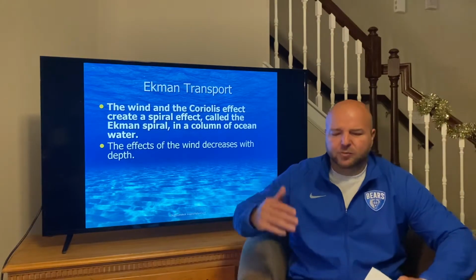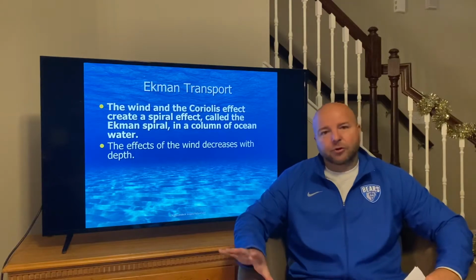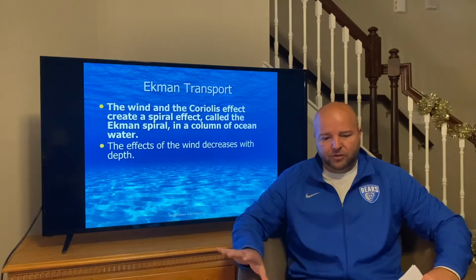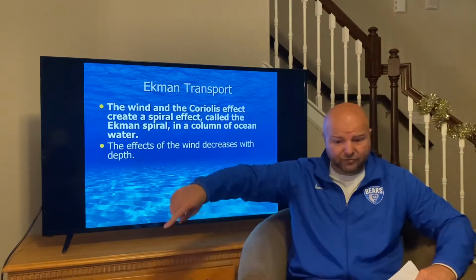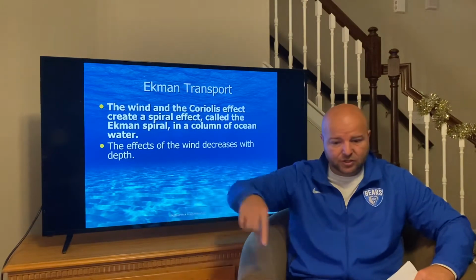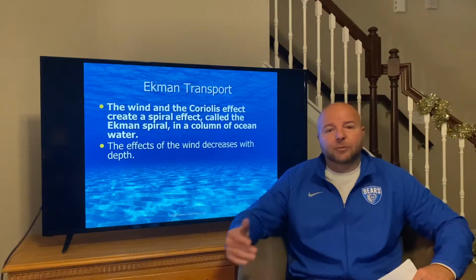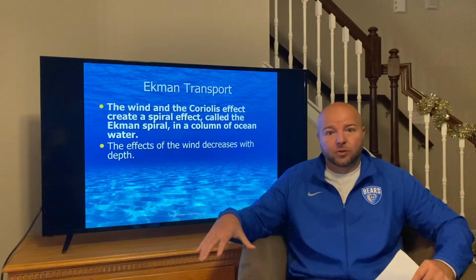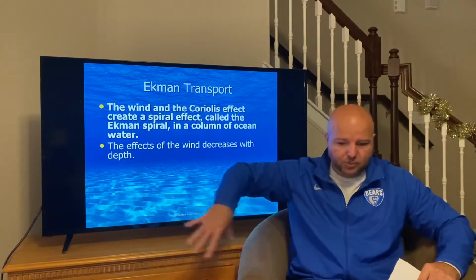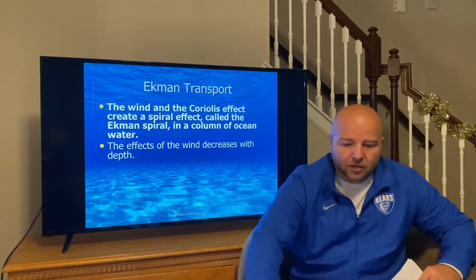So for Ekman transport, we learned about Coriolis effect already. So the wind and the Coriolis effect create a sort of spiral effect in our oceans that's referred to as the Ekman spiral. It creates a column within the ocean of this spiraling water.